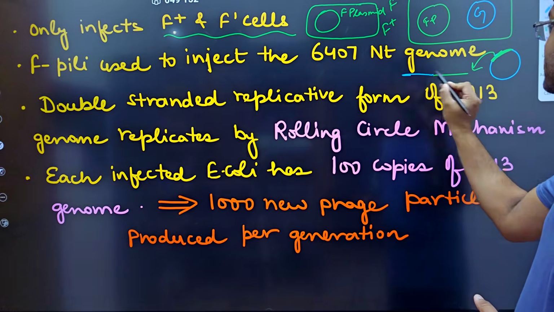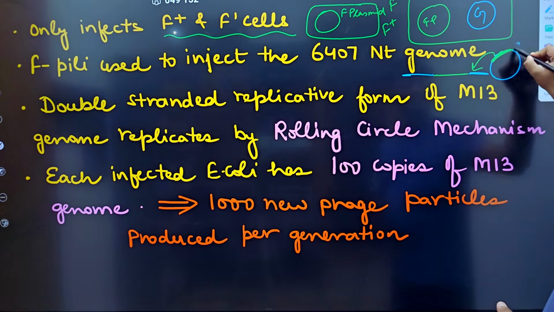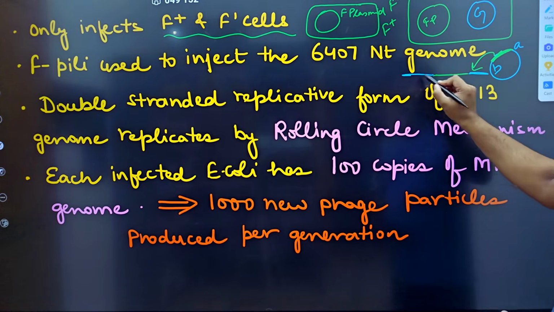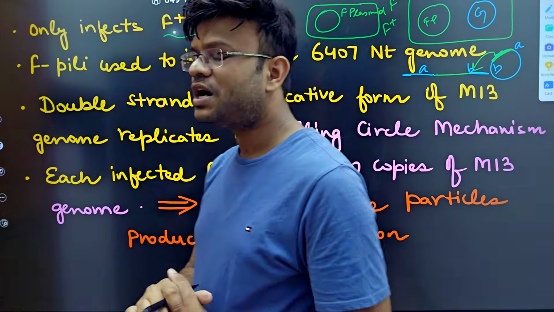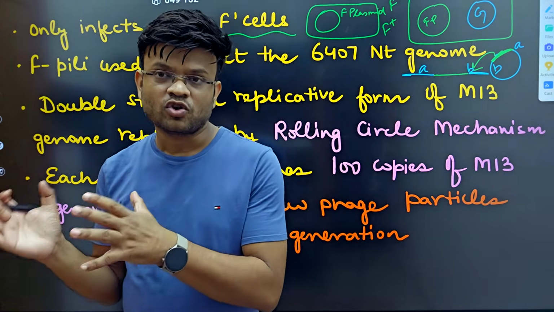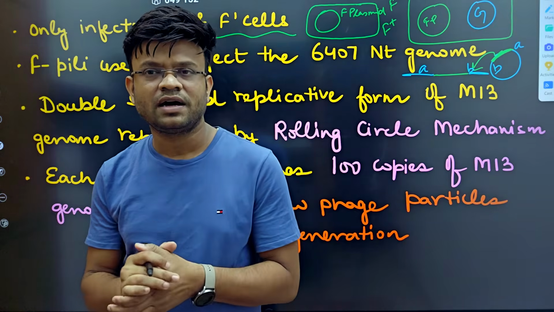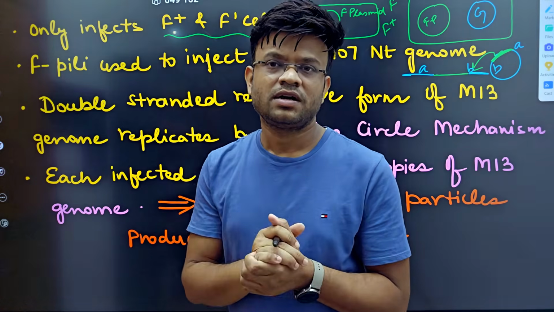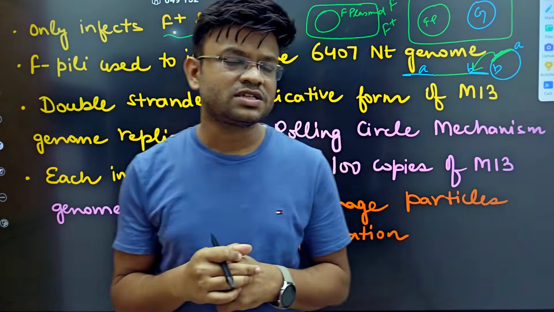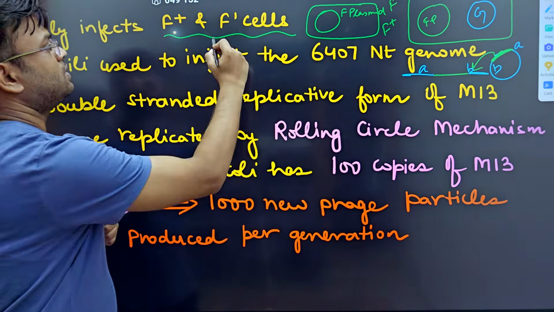For example, like this. If I write A gene over here, B gene over here, you can see that when the F plasmid is coming out of the chromosome of the bacteria, it does not come out clean, and along with it, it brings out some of the genes present on the chromosome. So this condition is called the F prime condition.